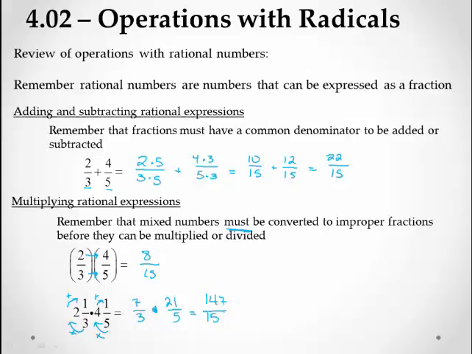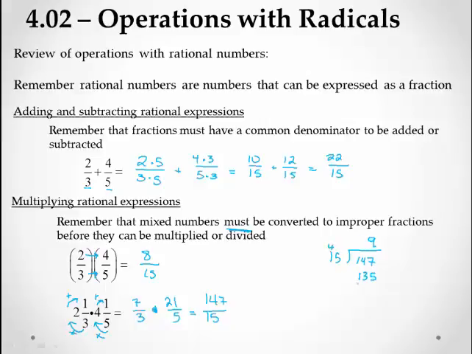Now, if you want to return it back to a mixed number, we need to divide 15 into 147. 15 goes into 150 10 times. This is just a little bit under 150, so I'm going to say 9. 9 times 5 is 45. Carry my 4.